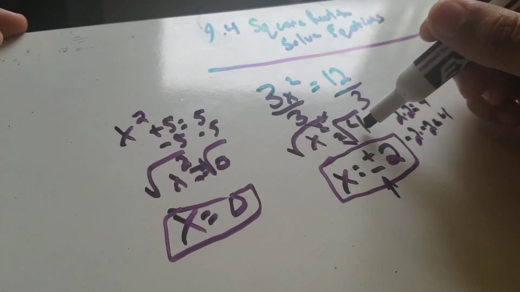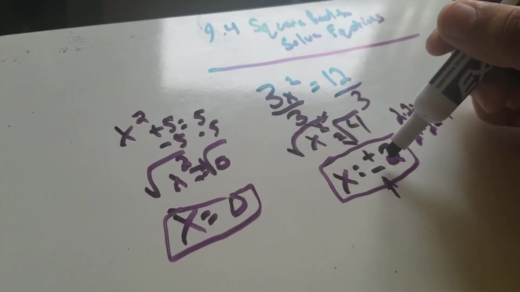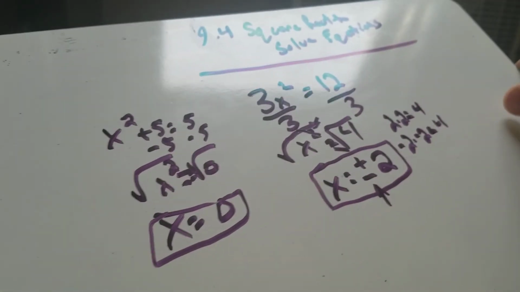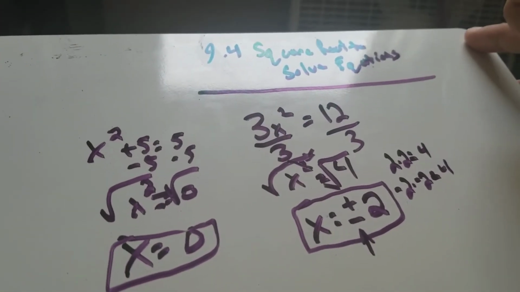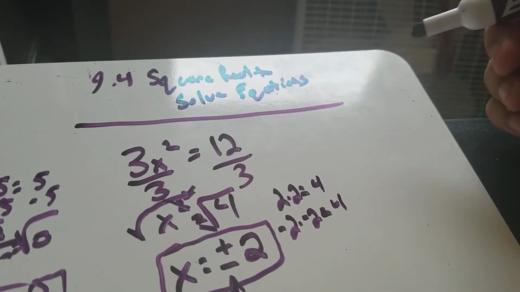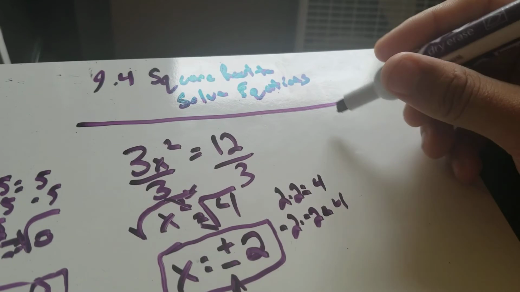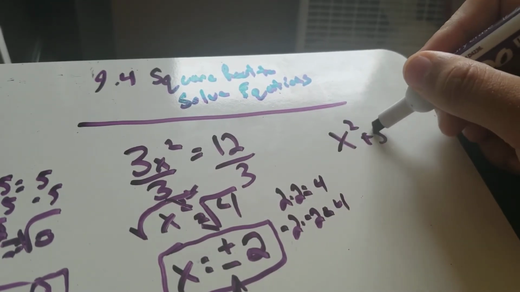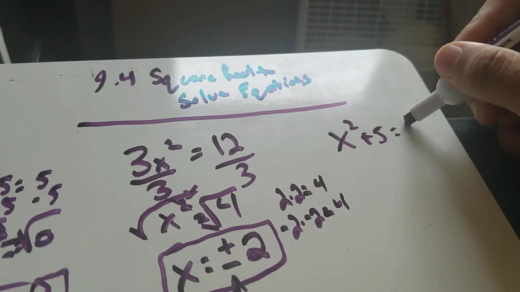So when you square root a positive number, you get 2 solutions. When you square root 0, you get 1 solution. Do you have any guess what's going to happen when you square root a negative number? Let's see. So do x squared plus 5 equals, let's make it 1 this time.